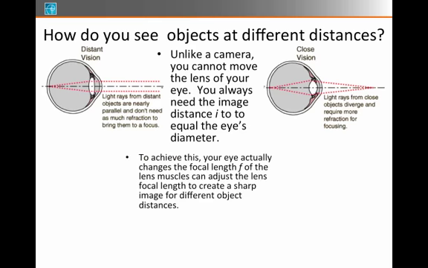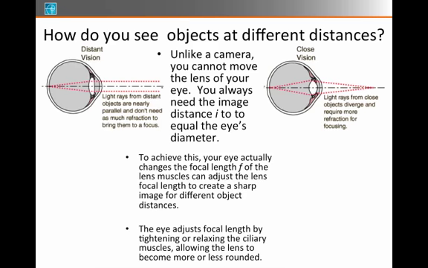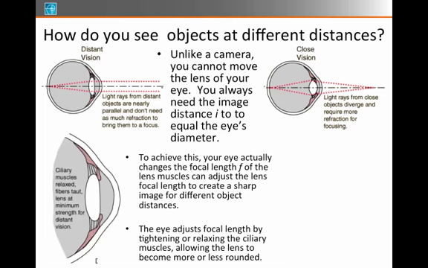To achieve this, your eye actually changes the focal length of the lens. Muscles can adjust the lens focal length to create a sharp image for different object distances. The eye adjusts the focal length by tightening or relaxing the ciliary muscles, thus allowing the lens to become more or less curved.